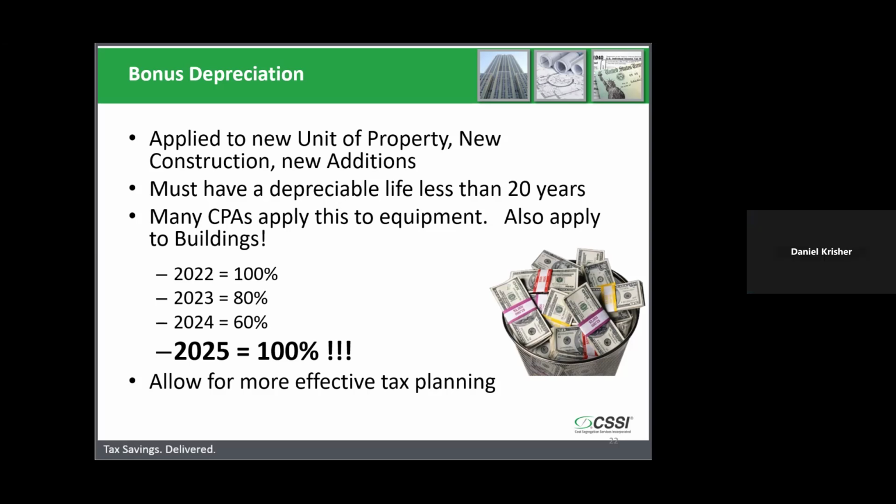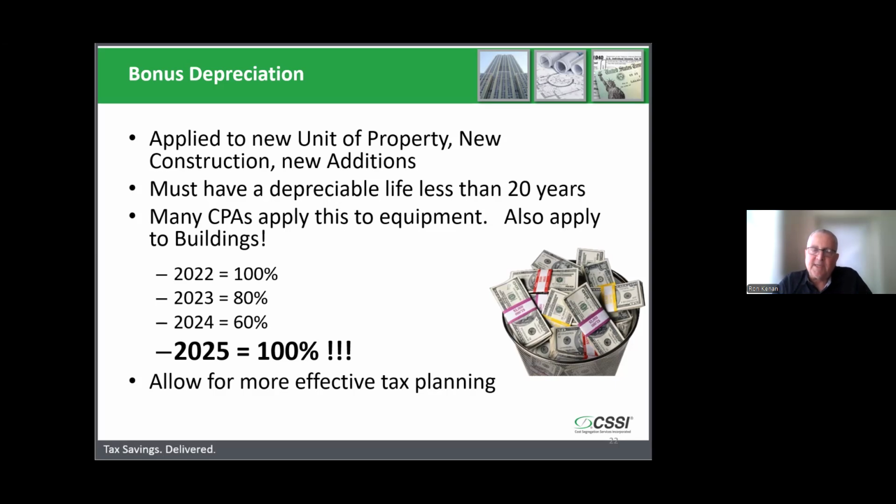Okay, yeah, so I understand the concept. I just don't understand why having the definition of HVAC as 15 years and paving as 15 years if you're going to squeeze it into 1 year anyway? No, so that's why I explained, because this bonus depreciation is really not part of the cost segregation law.